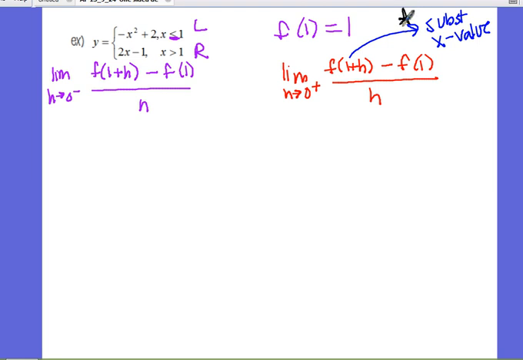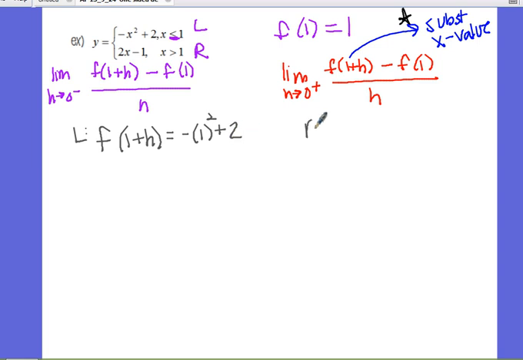So next, I need to correctly use the functions to find f of 1 plus h. So I'm going to do a little side note, and I'll do the side note in a gray color. For the left side function, if I want to find f of 1 plus h, then what I'm going to do is use the left function, negative x squared plus 2.